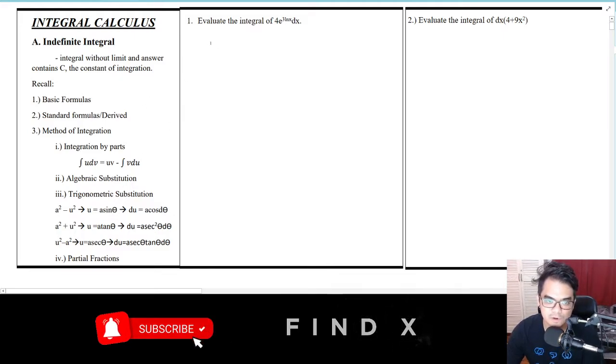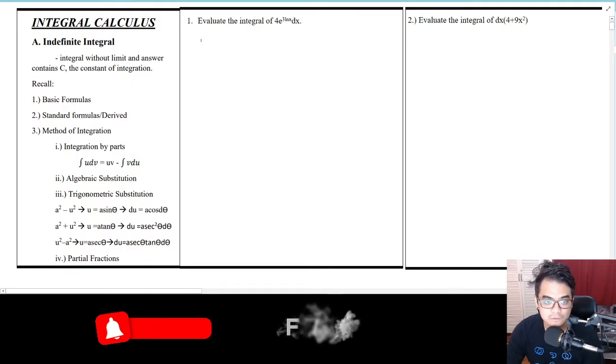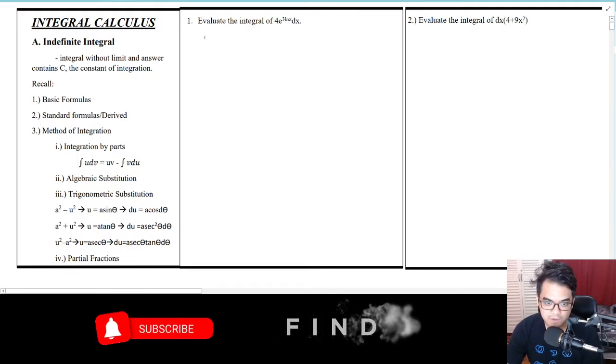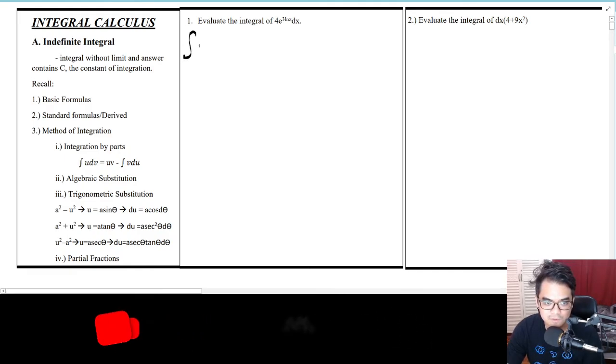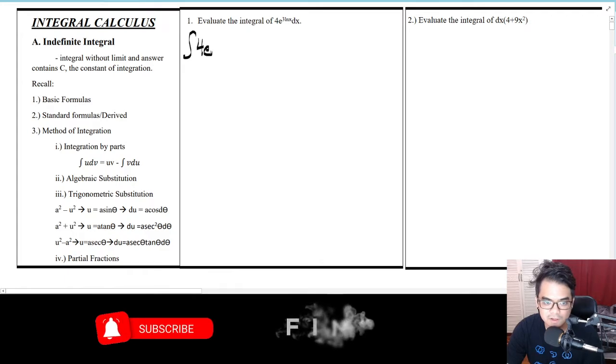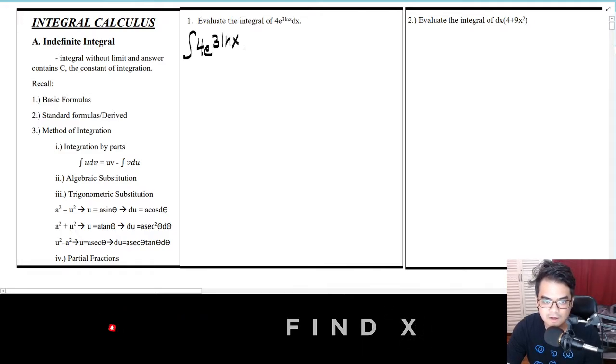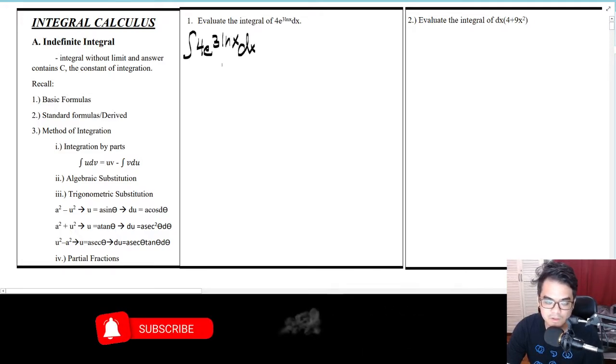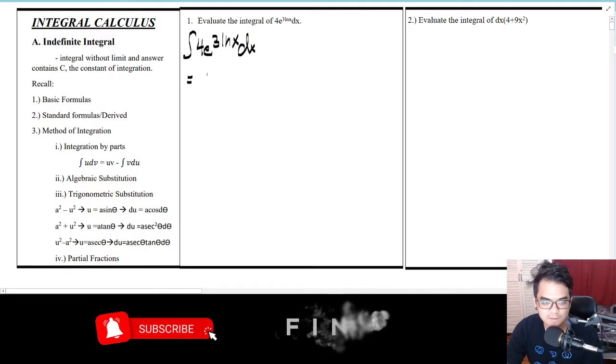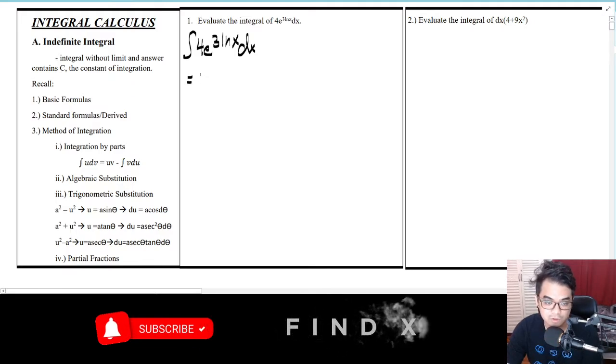The first problem is to evaluate the integral of 4e raised to 3 ln x dx. Writing that down, you'll have 4e^(3 ln x) dx. If you rewrite this, you can bring out the constant, you can always do that.